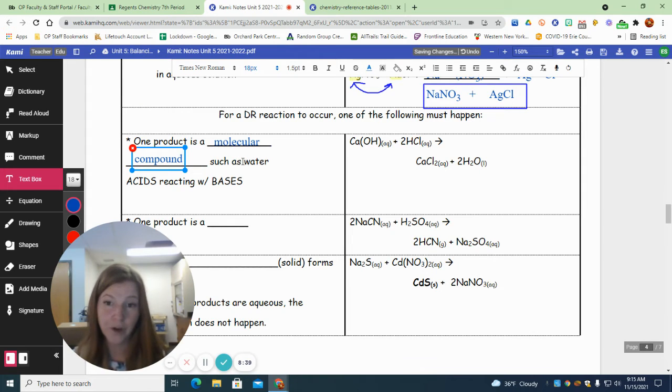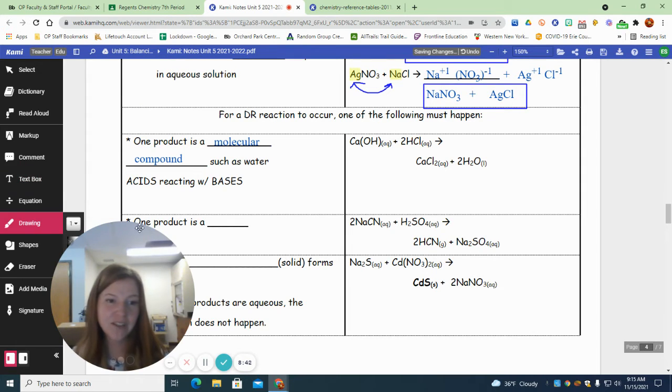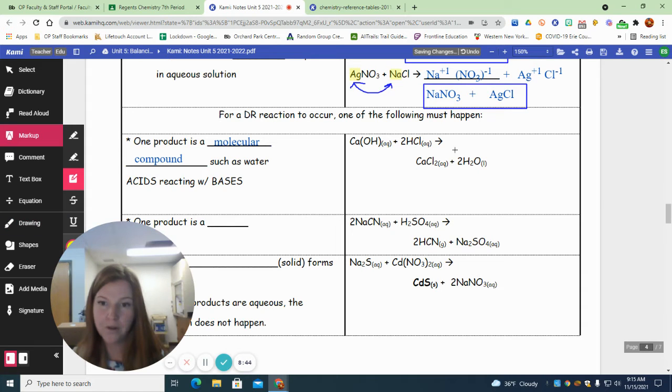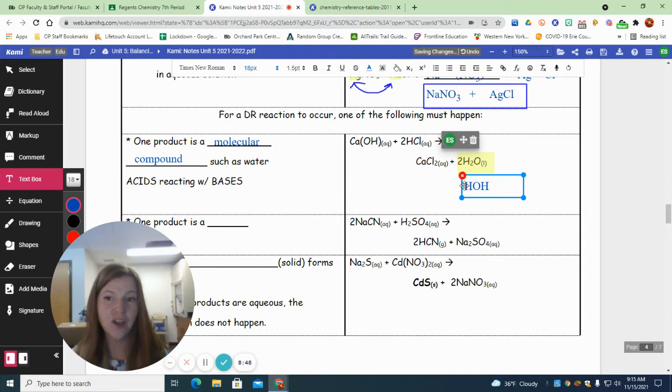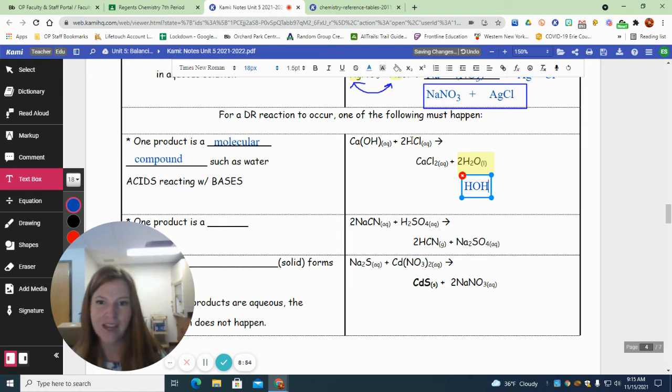Such as water. So if you see a double replacement reaction where one of your products is water, which can also be written as HOH, that is a clue that the reaction will actually happen. This happens when you mix together acids, so things that start with hydrogen, with bases, things that end with OHs.